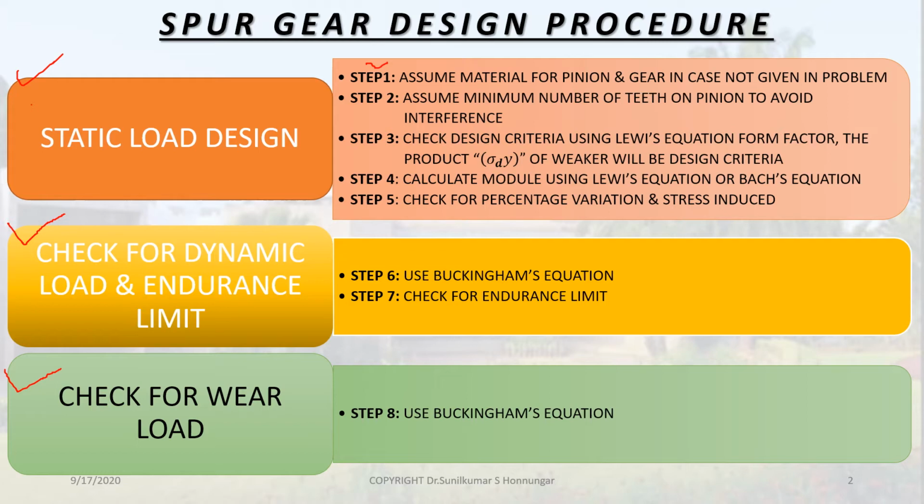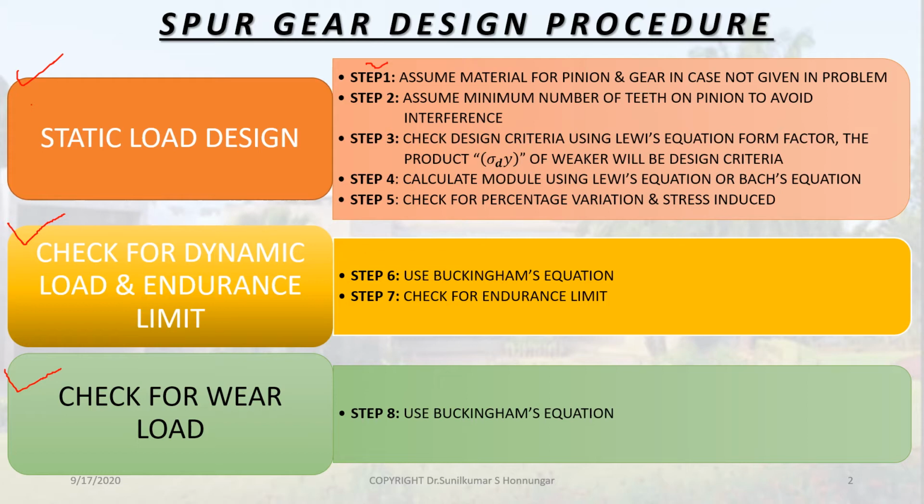But in most professional design, nobody will give you that. Would you say, while buying a car, give me a gearbox made up of cast iron gears only? You won't say that. So it is the designer's responsibility to select the material. Under that professional purview, I am narrating this step: in case the material is not given in the problem, you are free to assume. How to assume and what to assume, we will see in the detailed procedure.